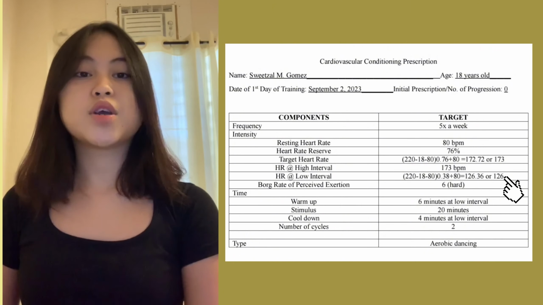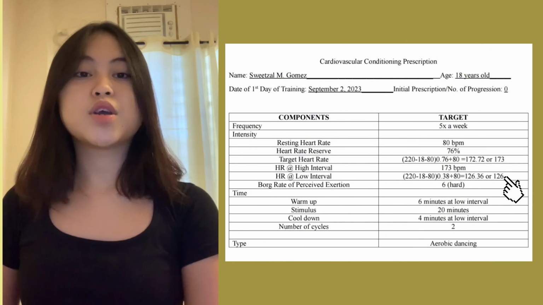And so we get 126.36 or 126 beats per minute. That is my heart rate at low interval. This means that when exercising, the safest heart rate interval for me is between 126 beats per minute and 173 beats per minute.